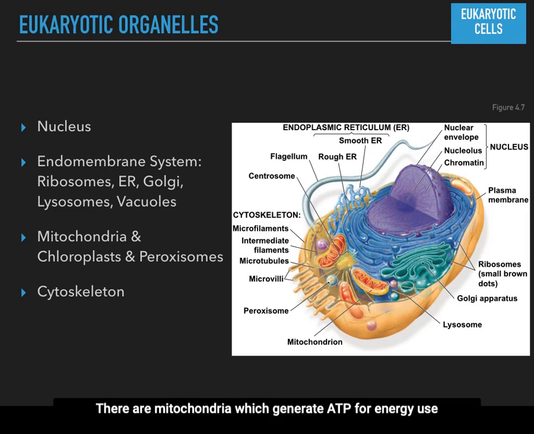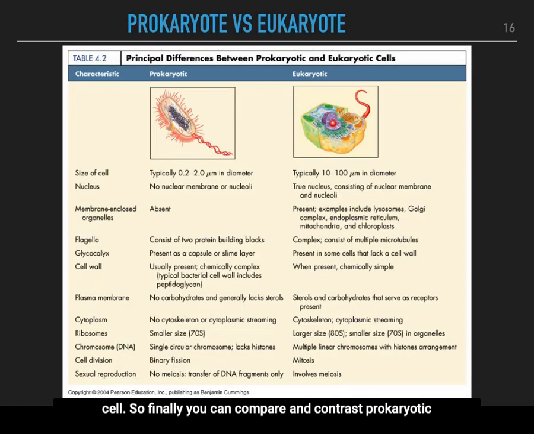There are mitochondria, which generate ATP for energy use in cells during cellular respiration, chloroplasts, which generate energy through photosynthesis in plant cells, and peroxisomes, which digest proteins and can detoxify the cell. Finally, there's the cytoskeleton that gives the cell shape and structure, like the bones in the human body. Together, these complex organelles work together to carry out the functions of a eukaryotic cell.